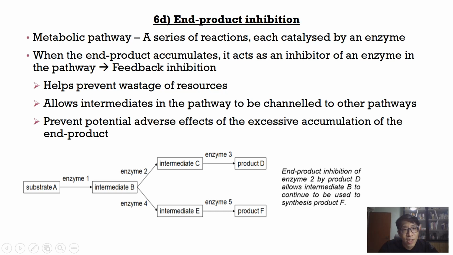And of course, by preventing further synthesis and accumulation of the end product, it prevents any potential adverse effects that may be caused by having too much of the end product.